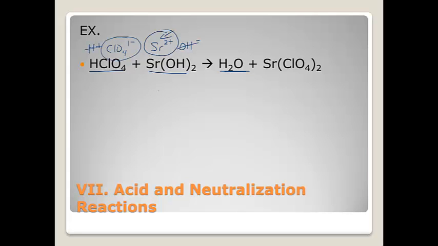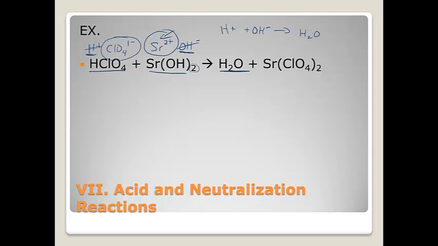Now balance it. Easy way to balance this equation: look how many H's are in the acid, and look at how many OH's are in the base. There's two of them here. So make sure the H's and the OH's combine in a 1-to-1 ratio to produce water.